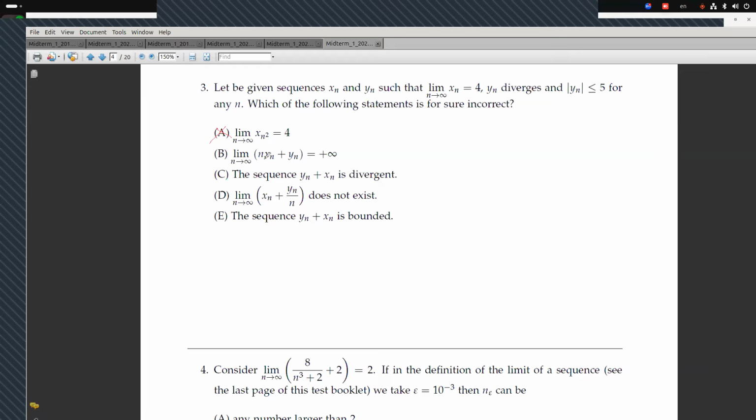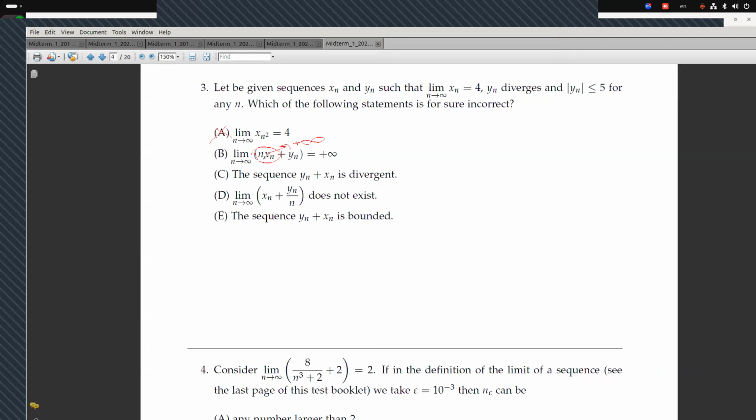What does B say? N times xn plus yn goes to plus infinity. Is this correct? Yes, as n goes to infinity, infinity times 4 is a determinate form. This goes to infinity. Now, plus yn.